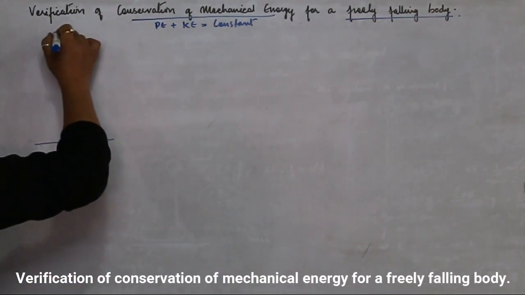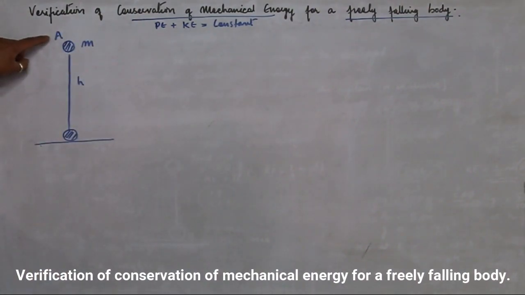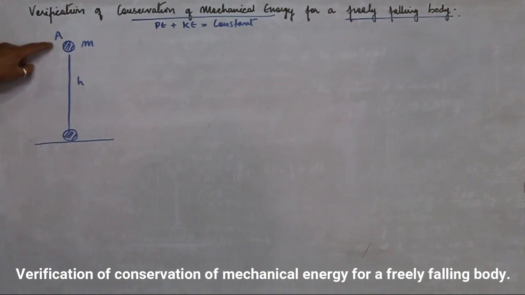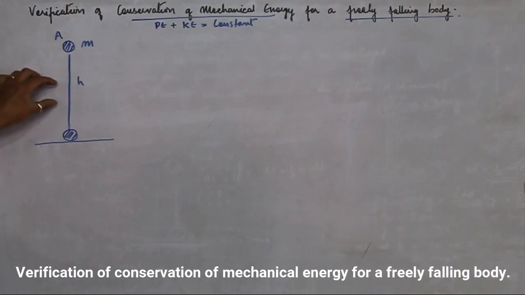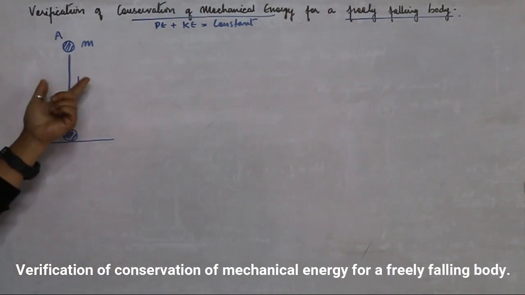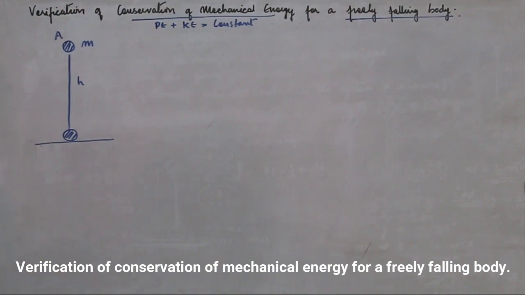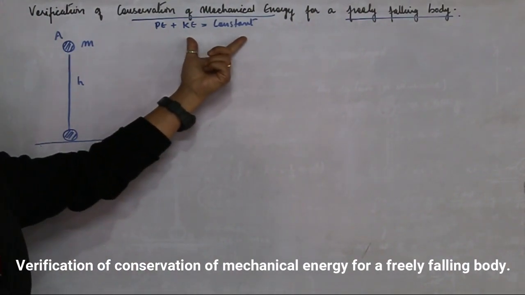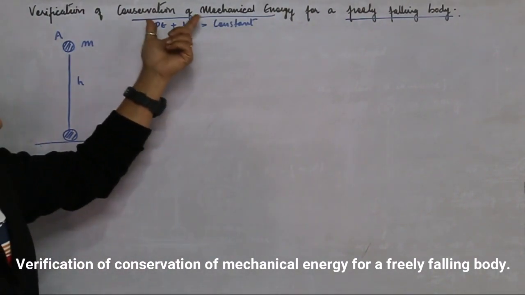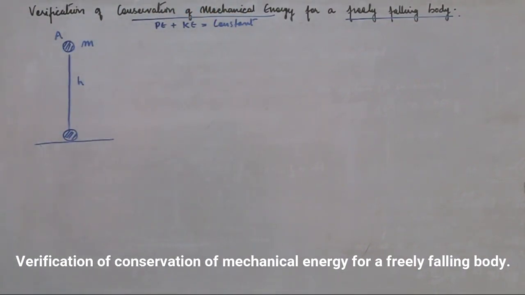So when a body falls from position A, its potential energy changes into its kinetic energy, and the sum of potential energy and kinetic energy at each instant will remain constant, that means total mechanical energy will be the same.